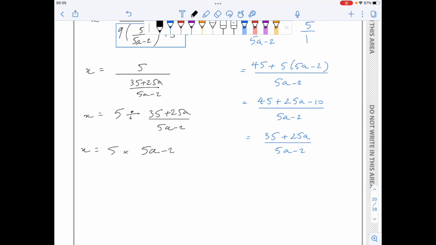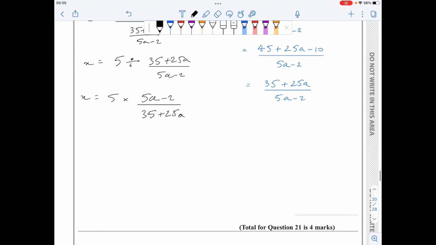So it's 5a minus 2 over 35 plus 25a. Now I can factorize this expression, take out a common factor of 5. So 5 times 5a minus 2 over 5, 7 plus 5a. And I can cancel out these 5s. So I'll be left with x equals 5a minus 2 over 7 plus 5a.